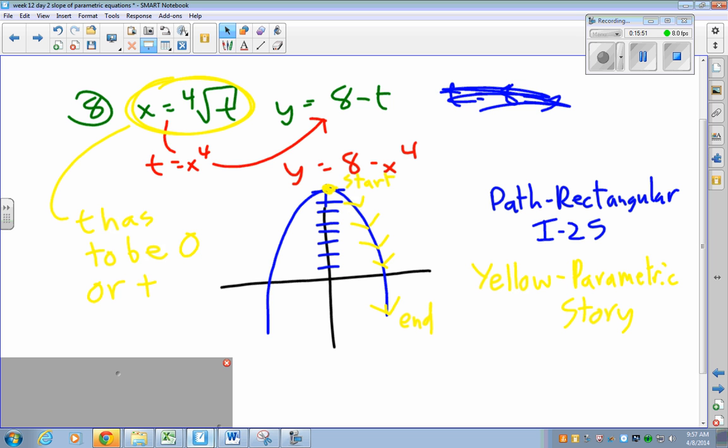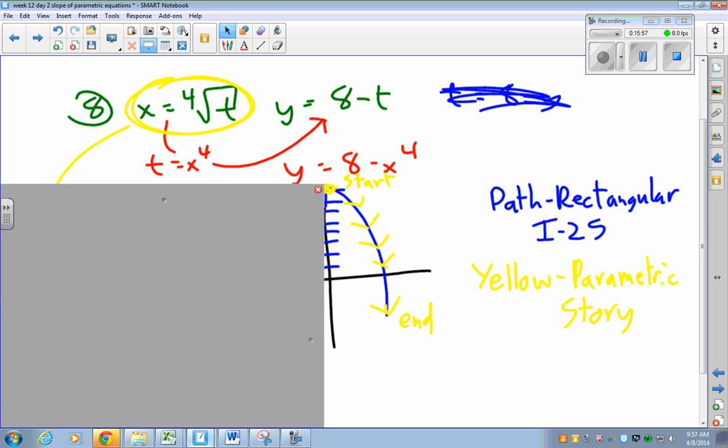So parametrically, it is not the whole parabola. It is only the right side of the parabola where you start up top and then you fall down. You guys see the difference? Again, I-25 is the road, and my story is the truck started at 0, 8, and it went down I-25, and it just kept going down. Okay, so that was number 8.